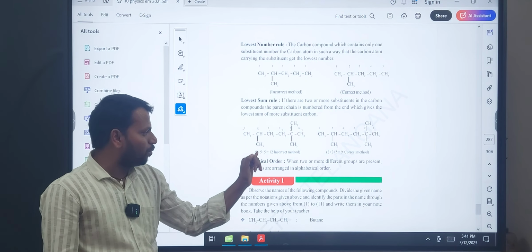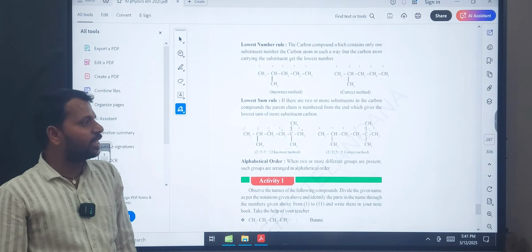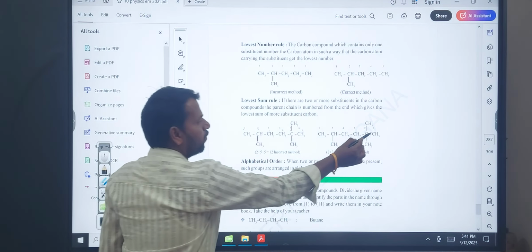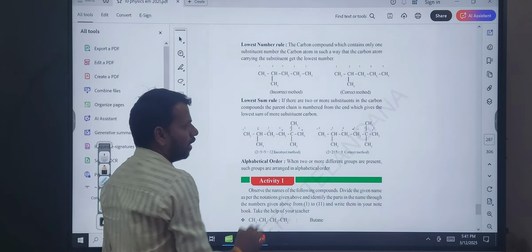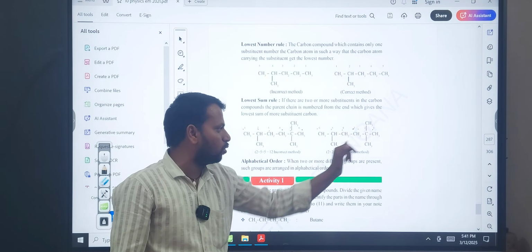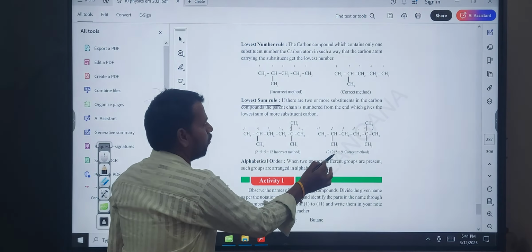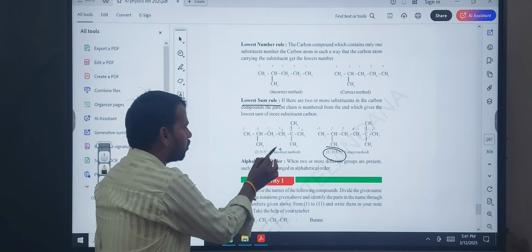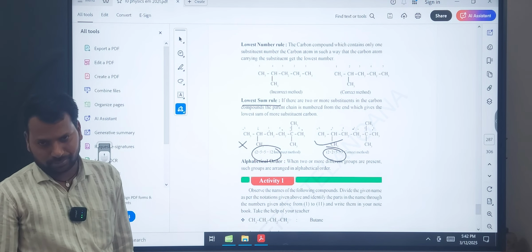So 2 plus 5 plus 5 is equal to 12. So this is the incorrect method. Why? Because when we start numbering from the other side, 1, 2, 3, 4, 5, 6, substitution is present 2 times at second position. So 2 plus 2 plus 5 is equal to 9. So the lowest sum is 9 here, versus 12. So this is the correct method and that is the incorrect method.